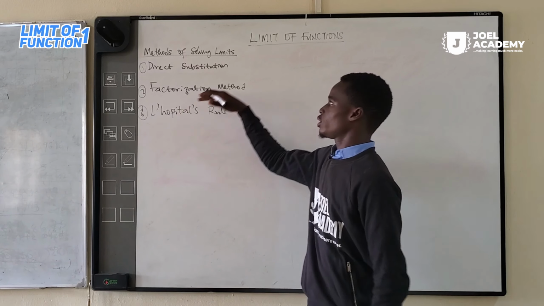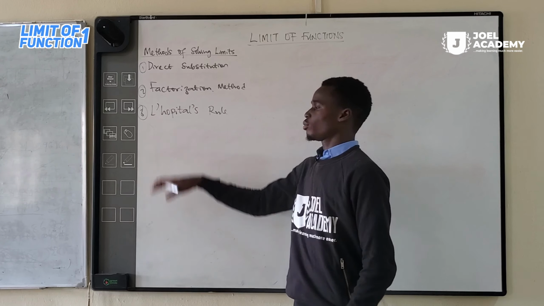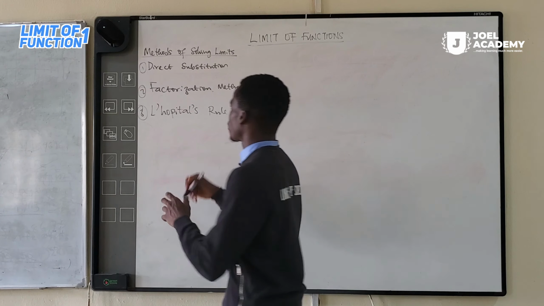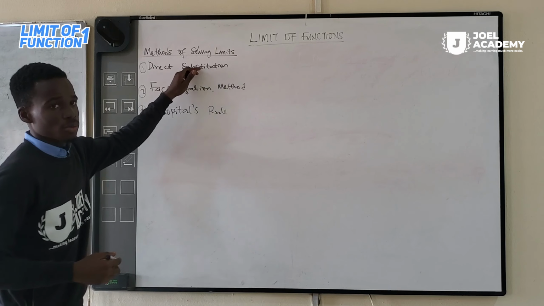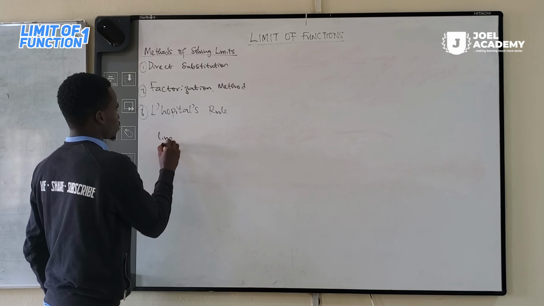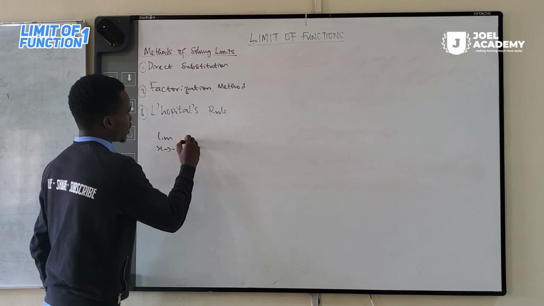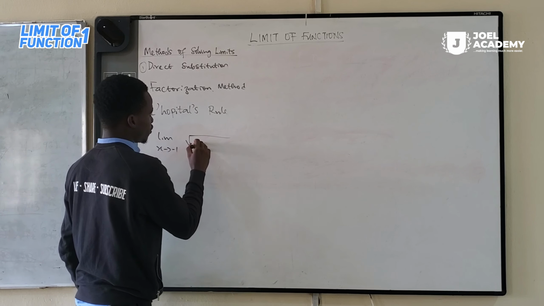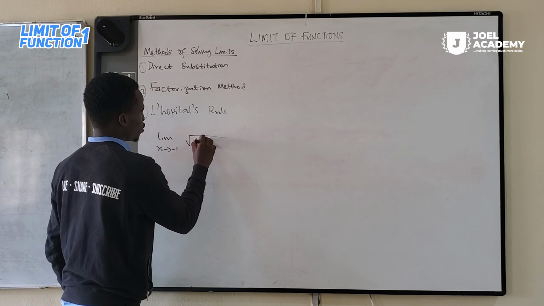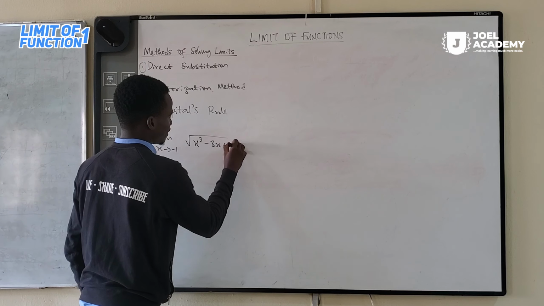There are instances where you will not be able to use direct substitution, and you need factorization or L'Hopital's rule to solve. So let's see some questions that we can solve with direct substitution. Find the limit as x tends to minus 1 of the square root of x cubed minus 3x plus 19.